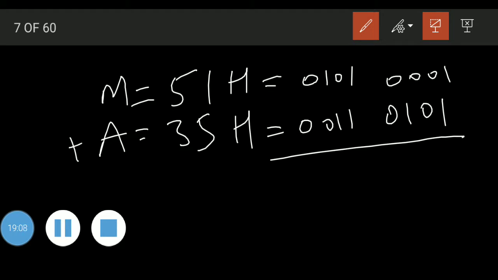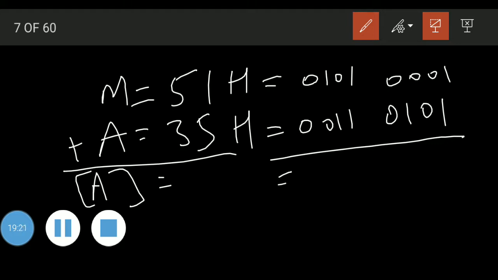The result will go into the accumulator, and the result is always in the accumulator. Now what is the answer? Adding bit by bit with carries gives the result.